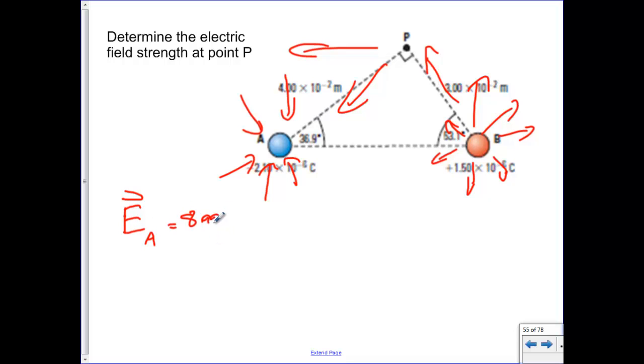Okay, so 8.99 times 10 to the 9 times 210 times 10 to the negative 6, all over 4 times 10 to the negative 2 squared.